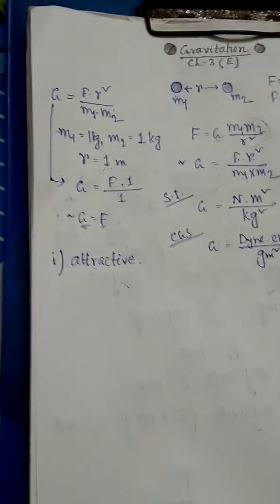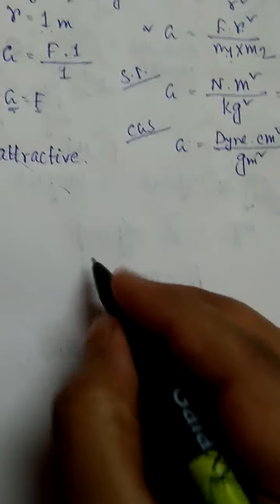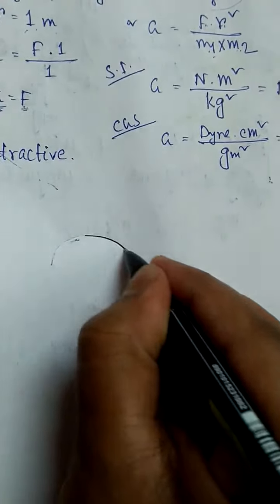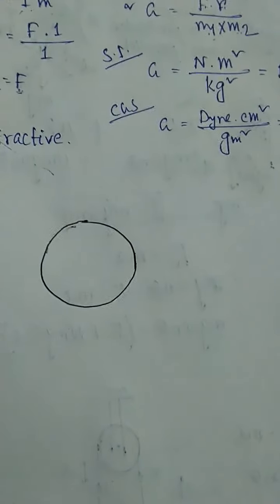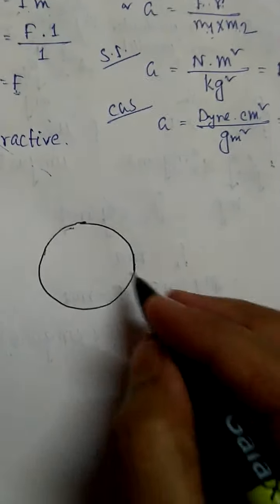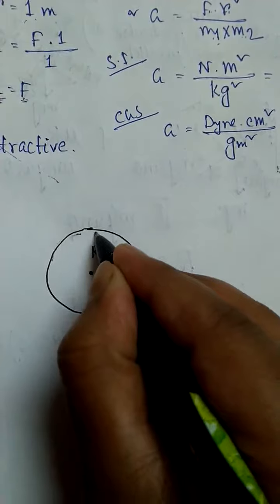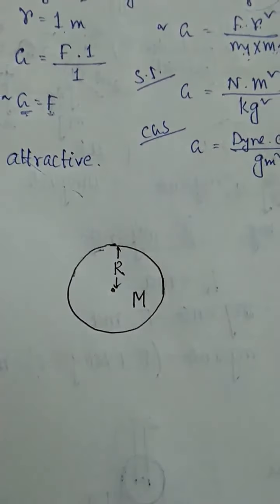Next, force due to gravity. Let's say this is our earth. We are taking the radius of the earth as capital R, and capital M is the mass of the earth.